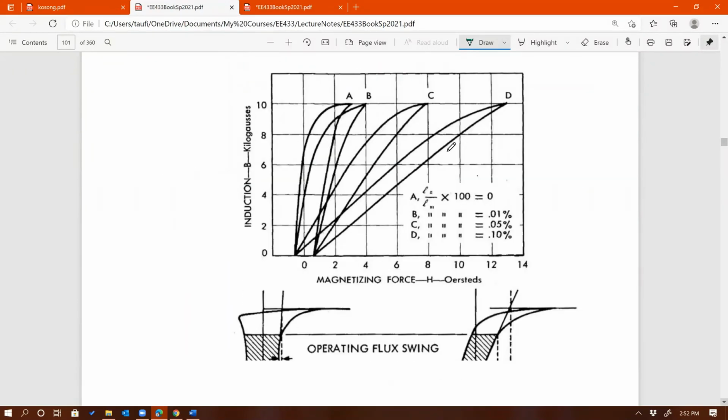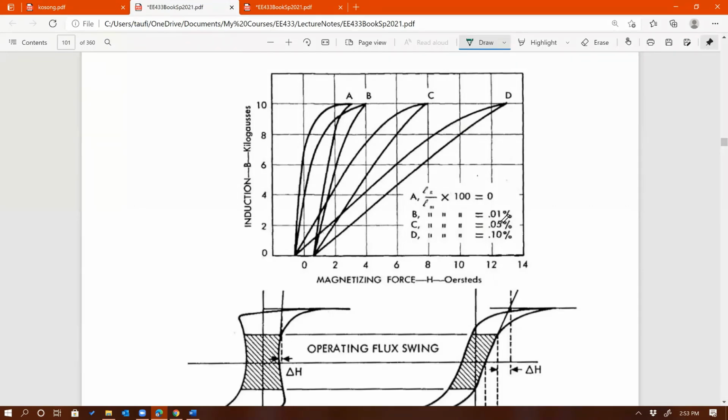Now here's another interesting thing about air gap. I've already talked about how air gap elongates the BH curve, so it makes it harder to saturate the core, right? We've seen that earlier. But if you gradually increase the length of the air gap, you can see that B max stays the same.